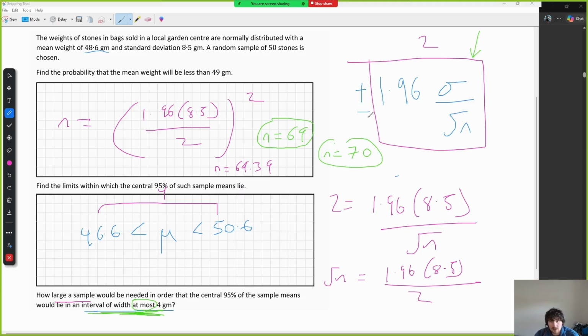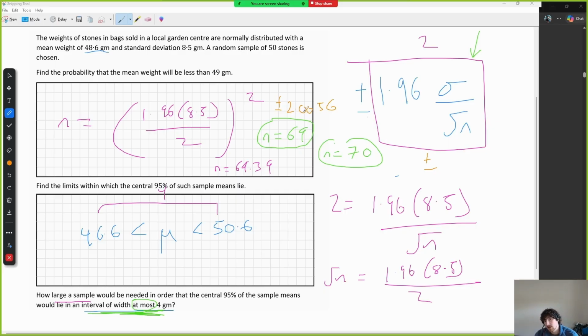So let's do that here. If we put 69 into this interval up here, what we're really going is plus and minus. So let's type it in. 1.96 multiplied by 8.5 over the square root of 69. So when you do 69, I'll write it above here, you're going plus and minus 2.0056.